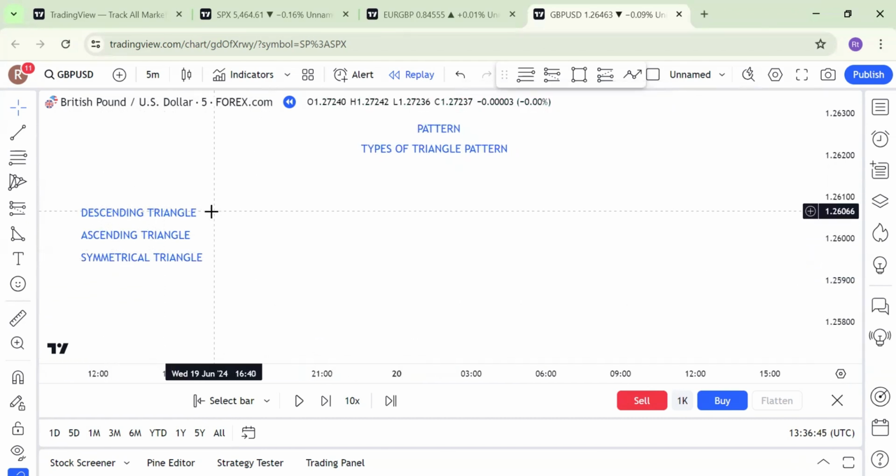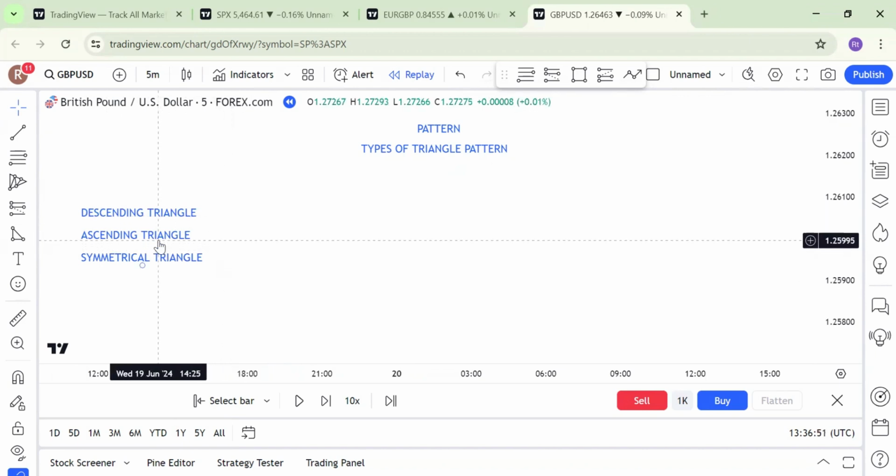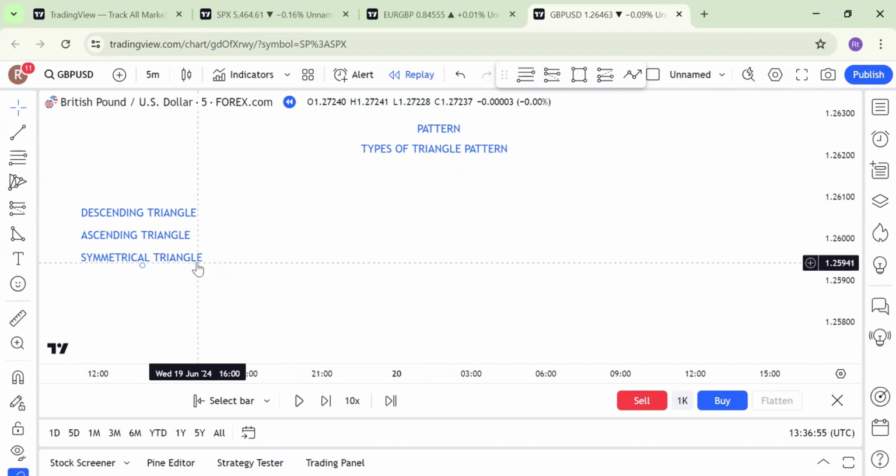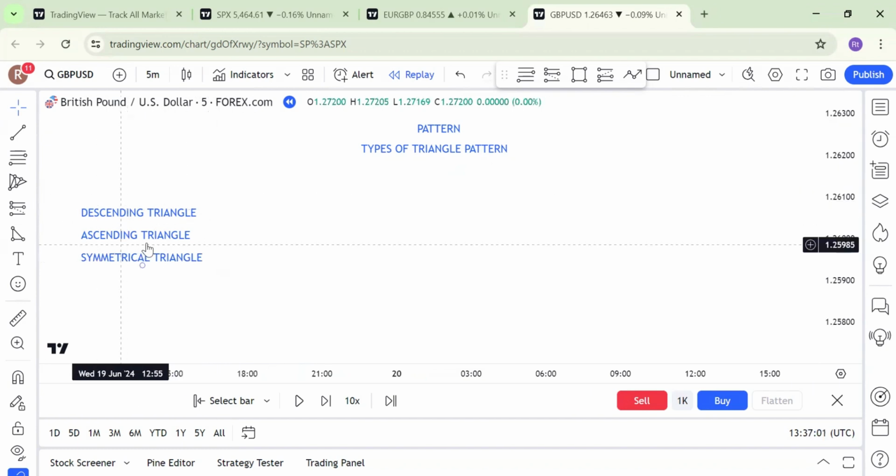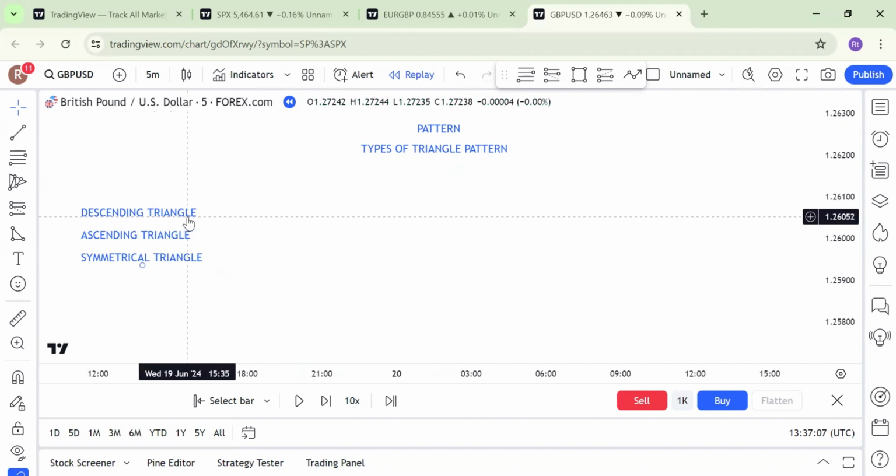The descending triangle basically means this market is going down. The ascending triangle basically means this market is going up. The symmetrical triangle basically means the market can go anywhere. Do you understand? So when you get a descending triangle pattern on your chart, you know that the market is going down.